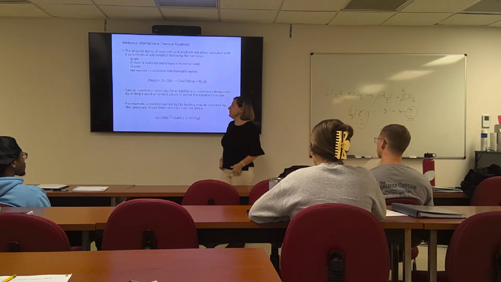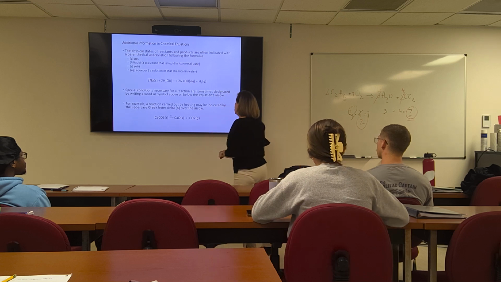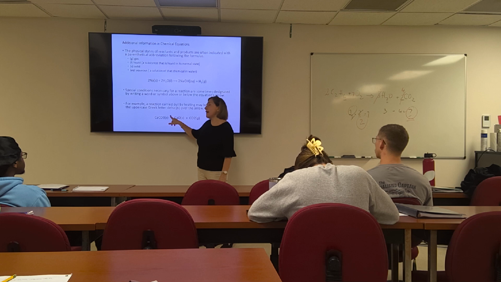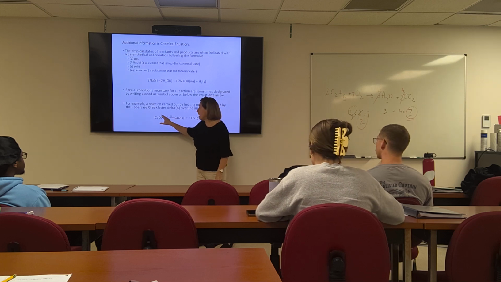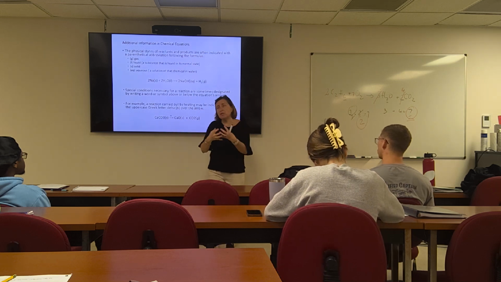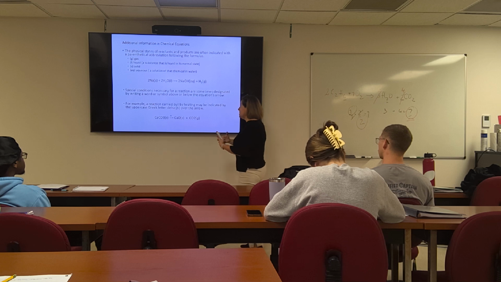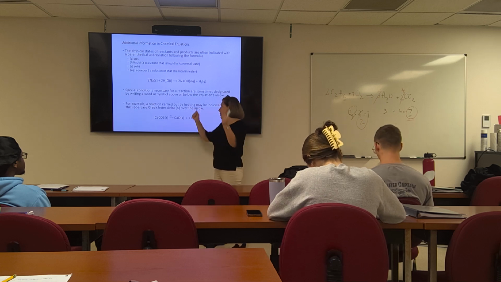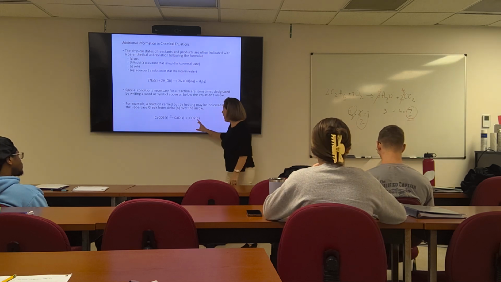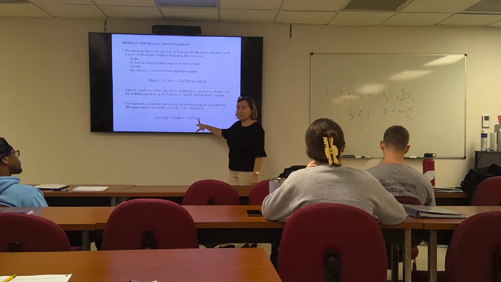Good? Other things that you can see on the reaction. Look at this. On this I have a little delta, a little triangle. A triangle means temperature. So to take calcium carbonate, which is a solid, I have to heat it up at super high temperature, thousands of degrees, to make it decompose, break into calcium oxide, which is a solid, and carbon dioxide, which is a gas.